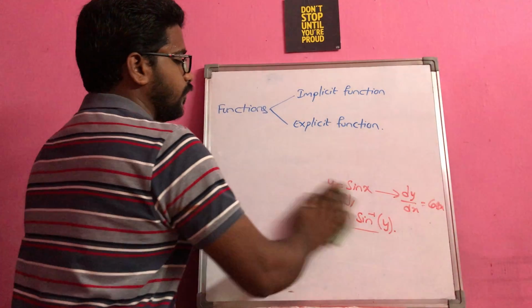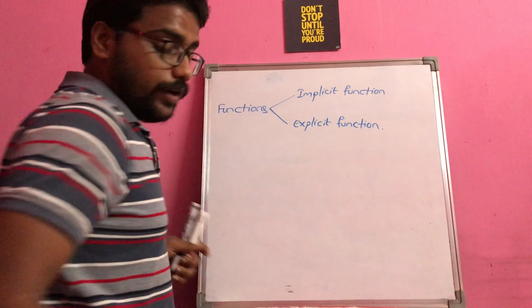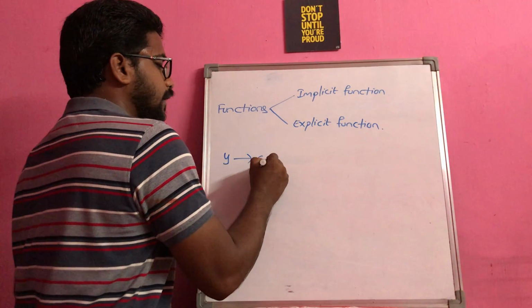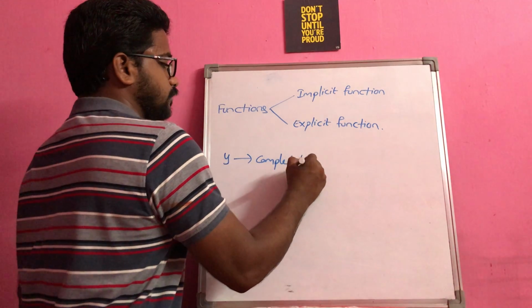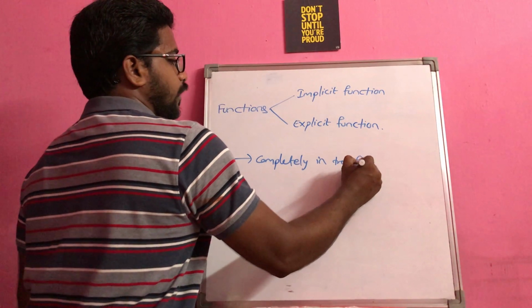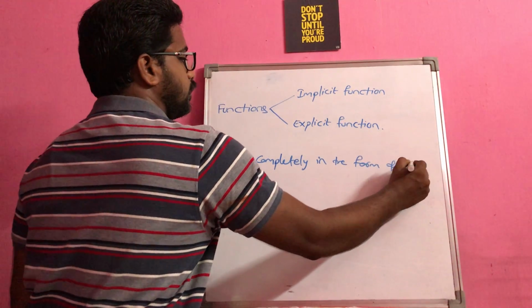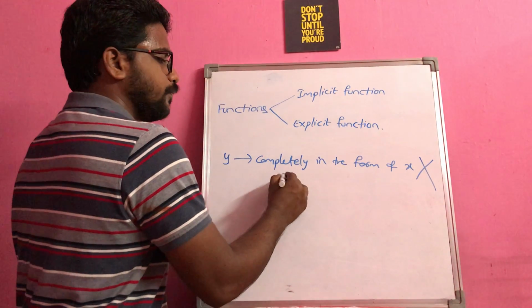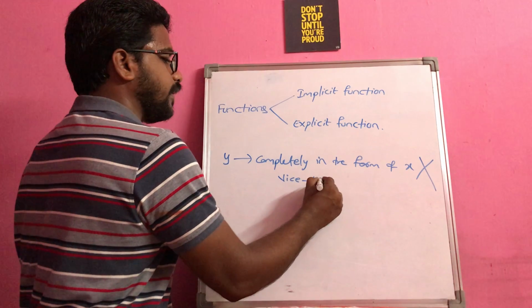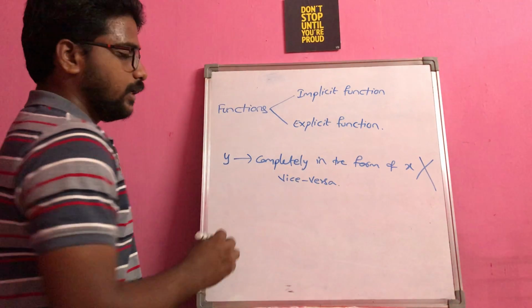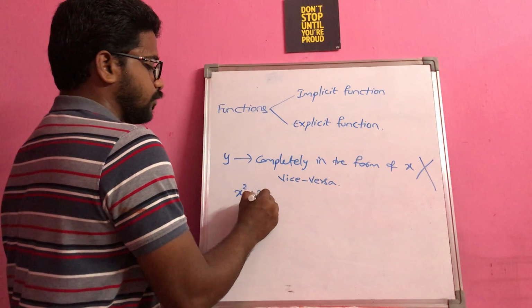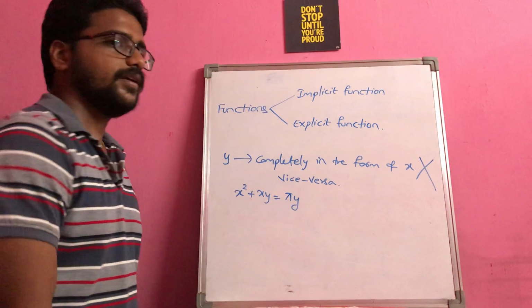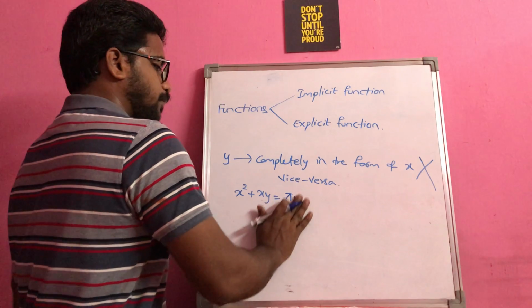So the implicit functions are the functions where you cannot represent y completely in the form of x, or even vice versa also, right? That means, for example, if I take any question something like this, x square plus xy is equal to something like pi y, or pi x if I take.